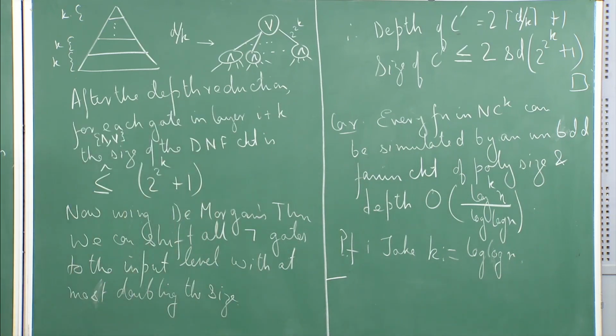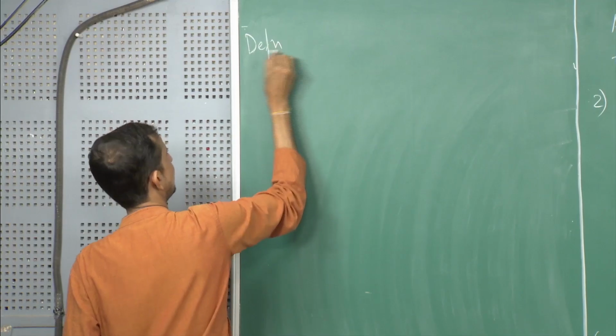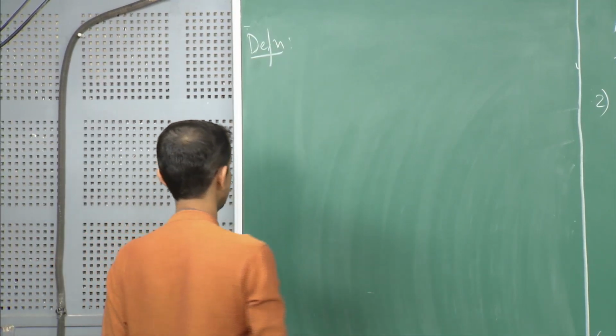The next thing that we will study: we have looked at circuits that are polynomial size but bounded depth. Now we can generalize this to any circuit of polynomial size.